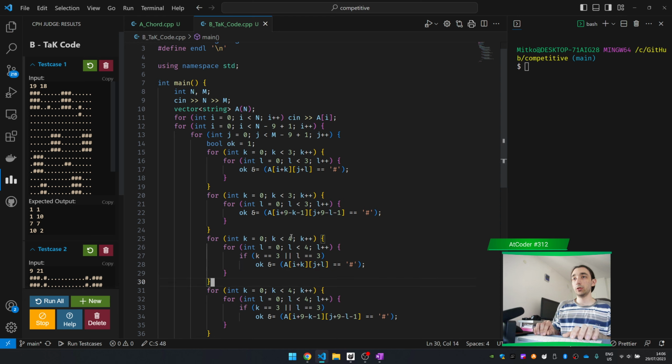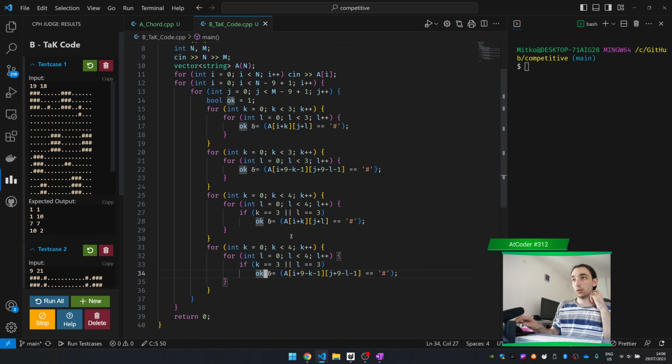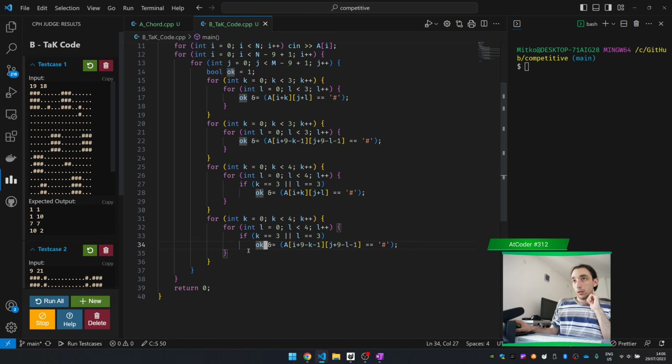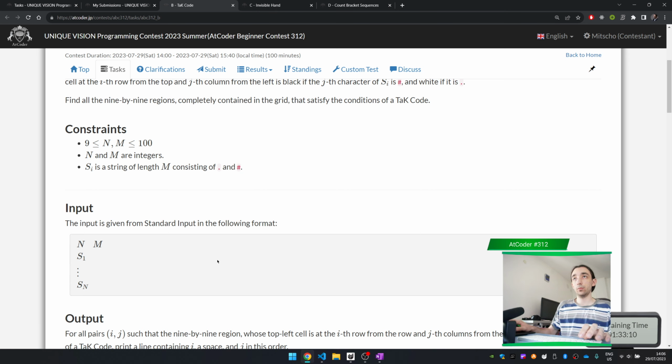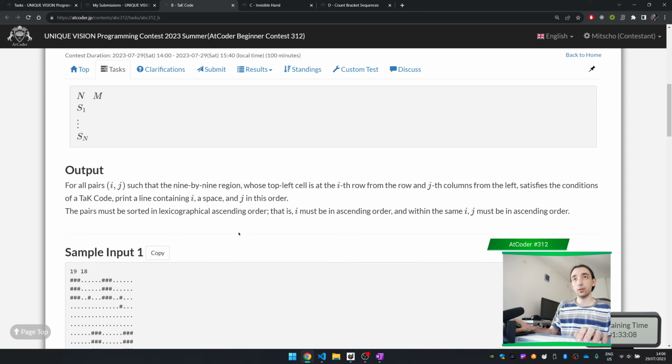This will just eliminate the rest. And then if it's okay, then I will print. Do you need to print it sorted by something?